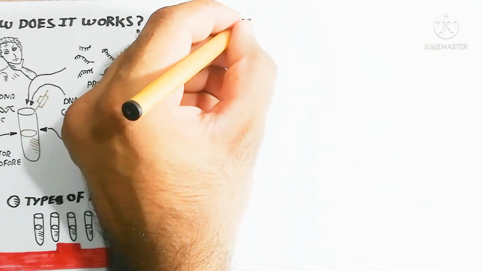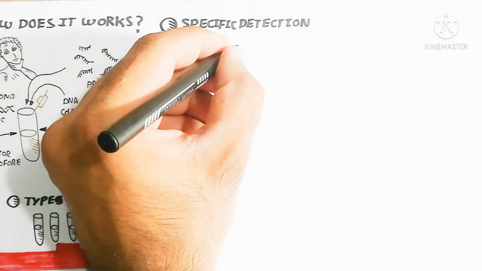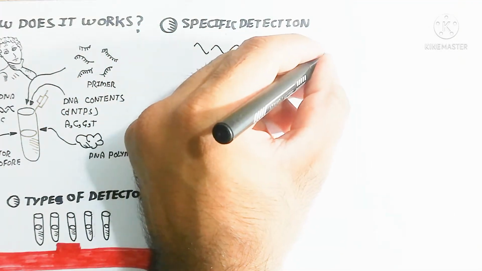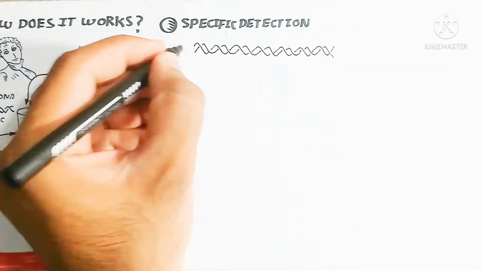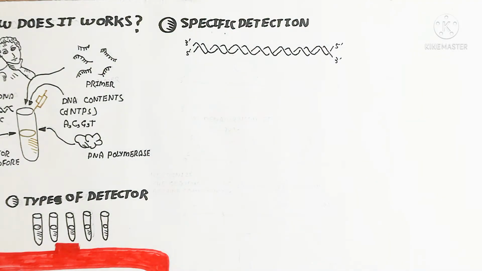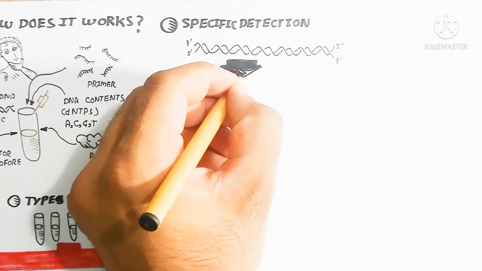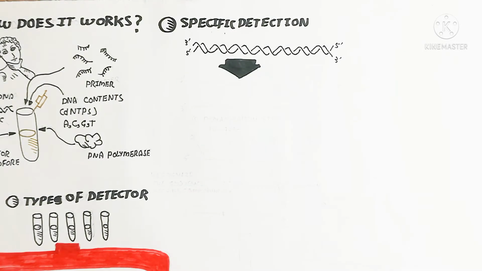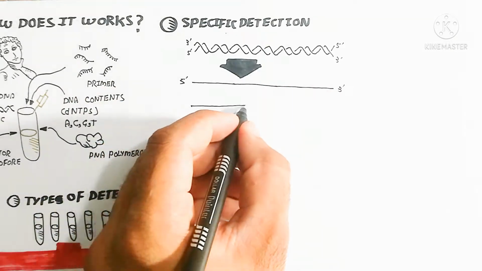Specific detection uses the quencher bound with the fluorophore, and a primer is bound. We use the primer that is of our interest, to detect a specific gene in the whole genome or DNA segment. So we are detecting the specific gene by the production of color, because the color is attached to our gene of interest.